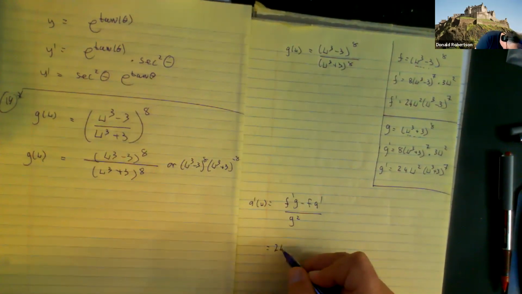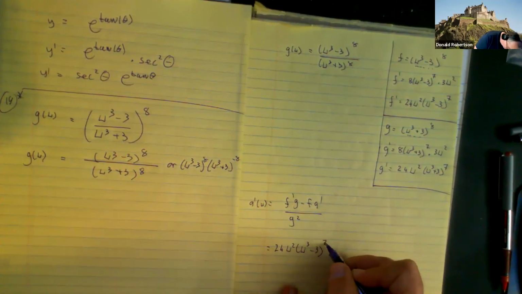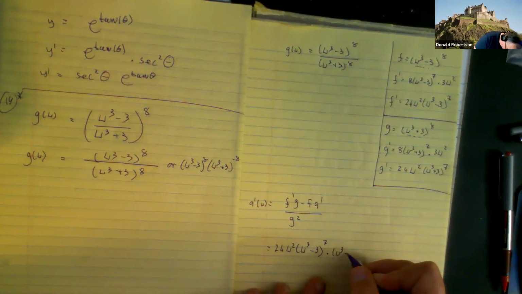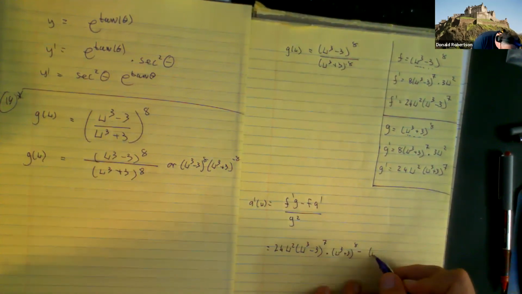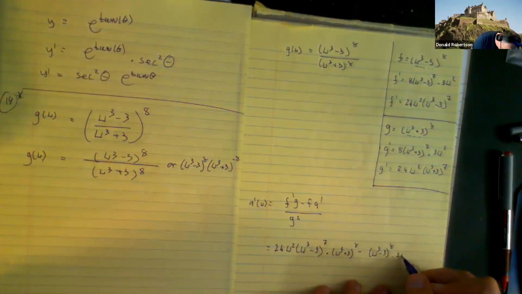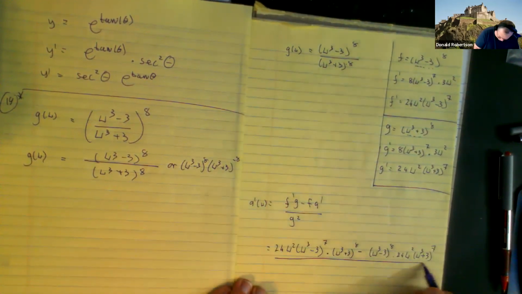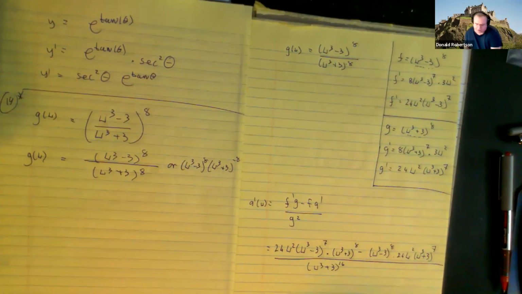So that's 24u squared (u cubed take away 3) to the power of 7 times the untouched bottom, take away the untouched top times this guy. And the whole thing is over that guy squared. Well, squaring is really the same thing as doubling the power, so you just get 16.